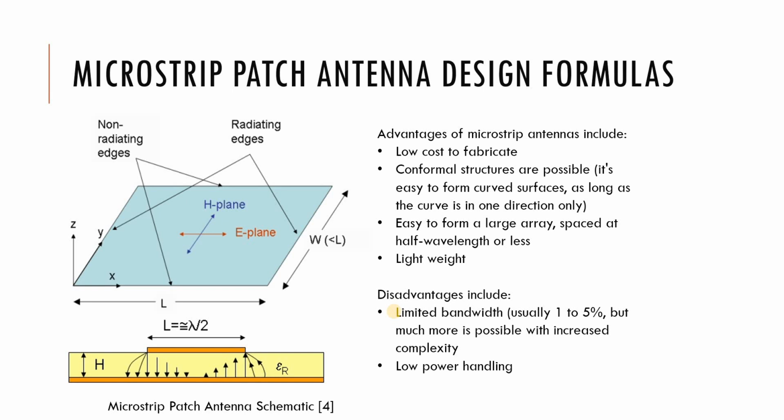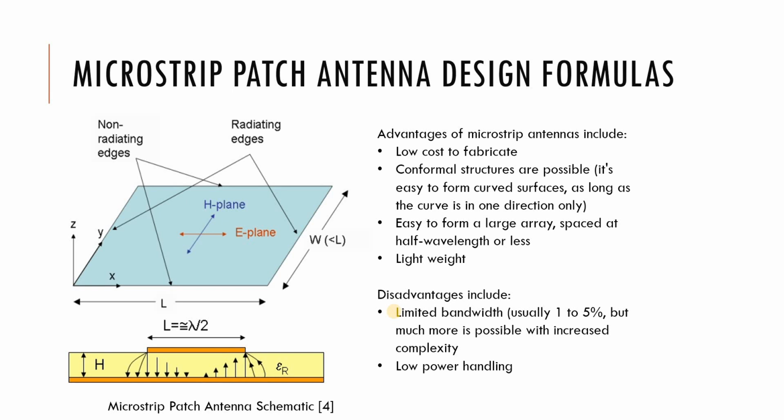It's easy to form a large array, which is nowadays used for 5G applications, which has an element spacing of about a half wavelength or less. It has a lightweight. There are too many advantages for the microstrip patch antenna.